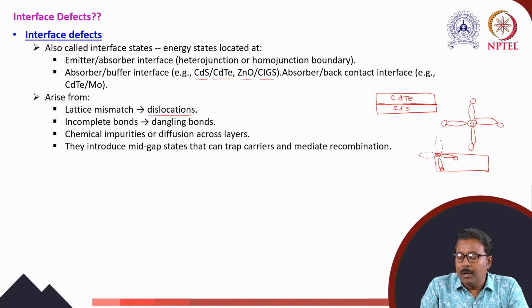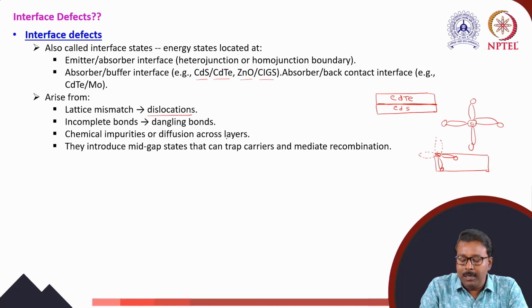So you cannot guarantee that only cadmium sulfide will be there and no other chemical impurities will be present. Due to the presence of other chemical impurities, that material has a different band structure. So obviously that impurity atom's band states will be different, and that may also create states at the interface.